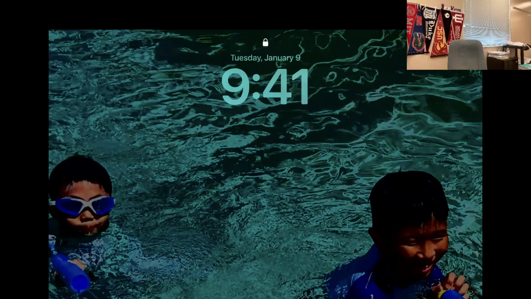Oh. I got a ball right here. I got a ball here. 7. 7, 8. 8, 8.